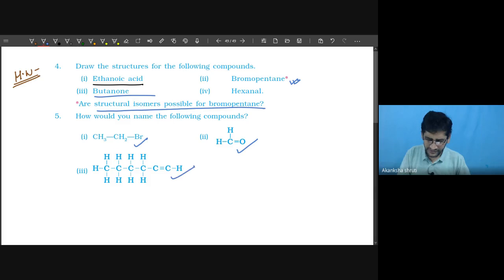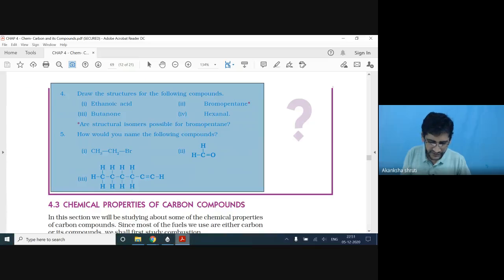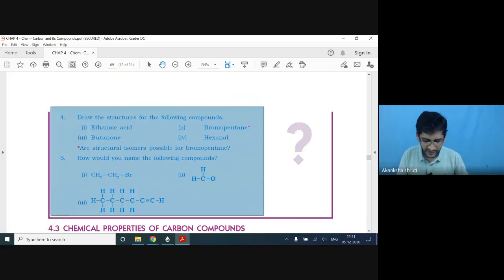Come to this one. So count 1, 2, 3, 4, 5, 6. So triple bond is there, hexyne. Okay, so all are very easy. I hope you people will enjoy this after learning this thing.